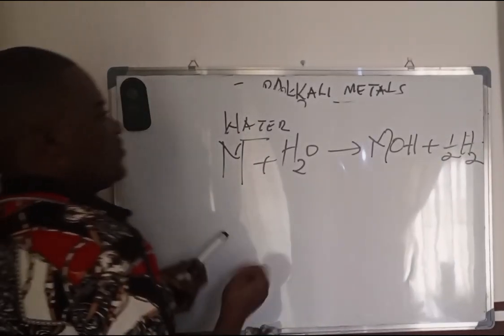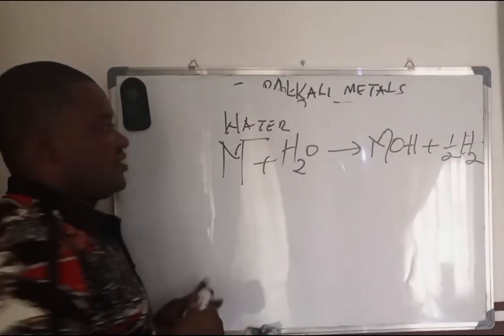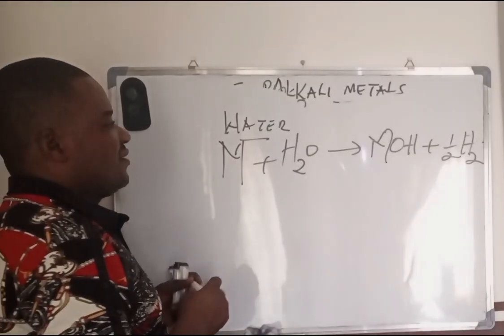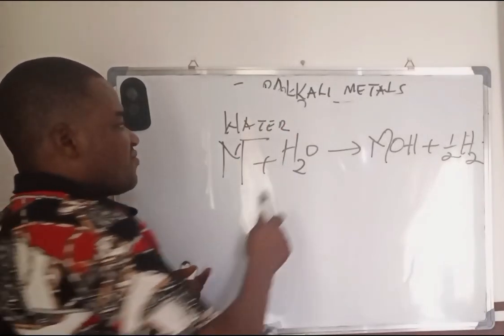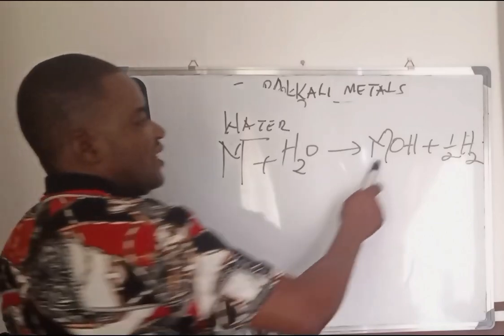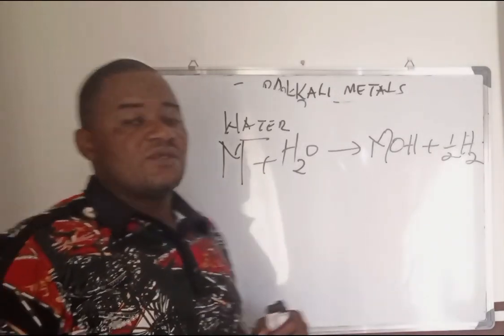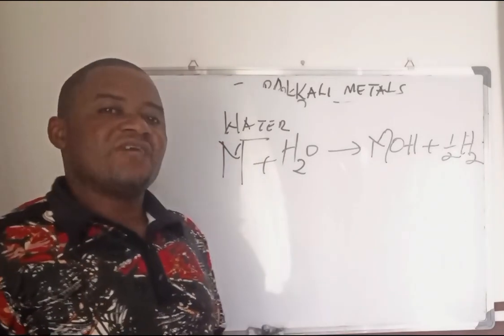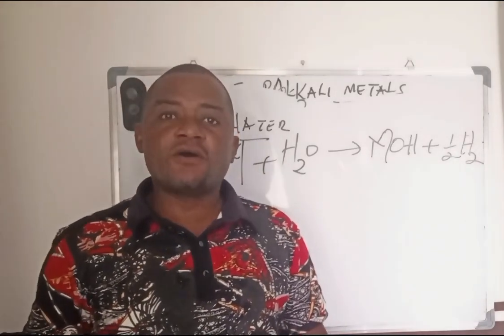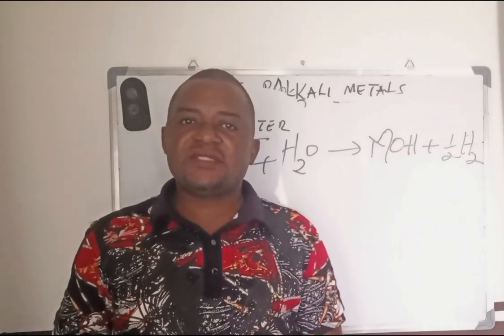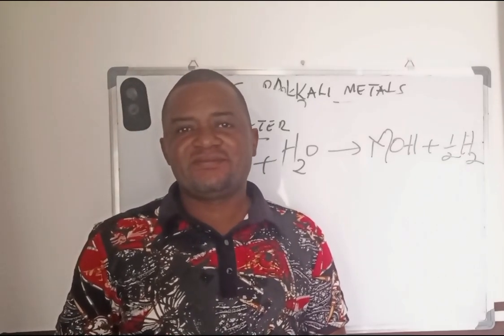Usually, when a metal from the alkali metal group reacts with water, it gives off a hydroxide and hydrogen gas as a consequence of that reaction. And like I said, the hydrogen gas is very reactive because it allows for more increased heat, and sometimes it comes with an explosion.